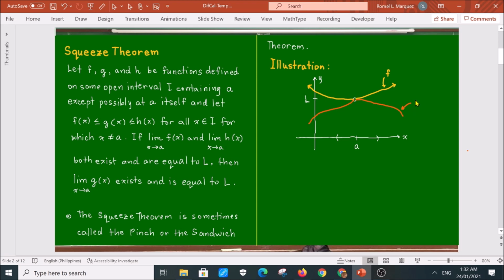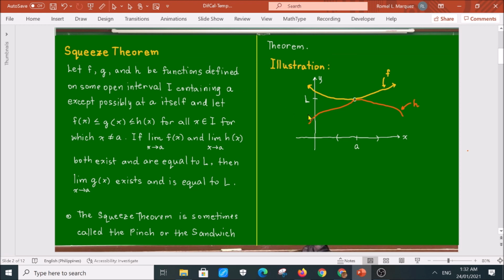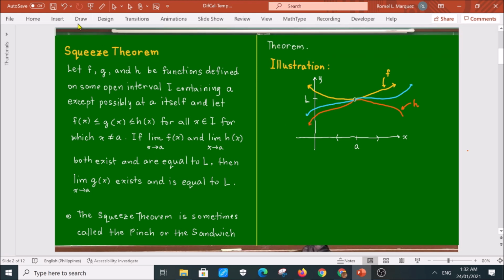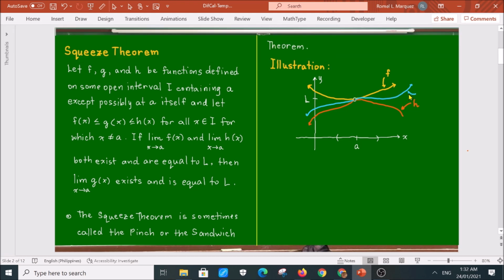So this is h. And then finally, the graph of g, so this is g.